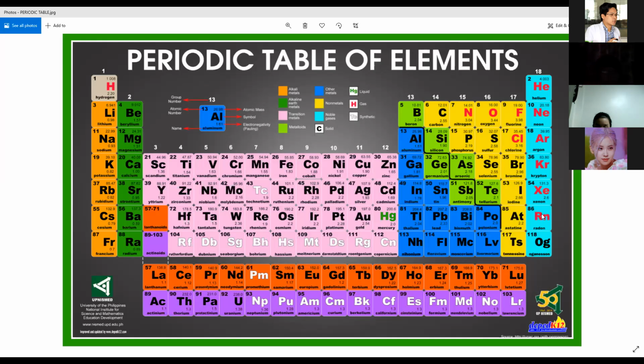Let's coin that as "version" in order for you to understand it easily. It is not a whole number because it has a lot of versions, or a lot of isotopes. Isotopes are elements which have the same atomic number but different atomic mass. Okay? Let's continue with the discussion.